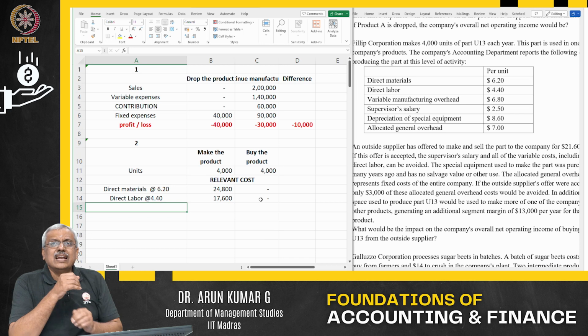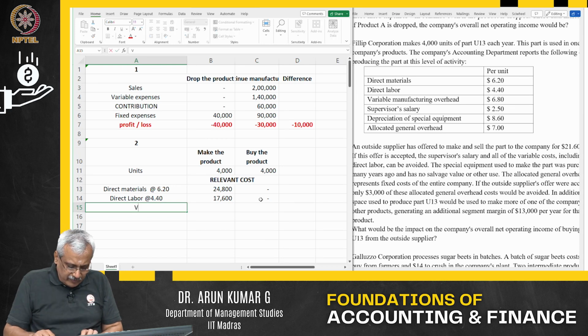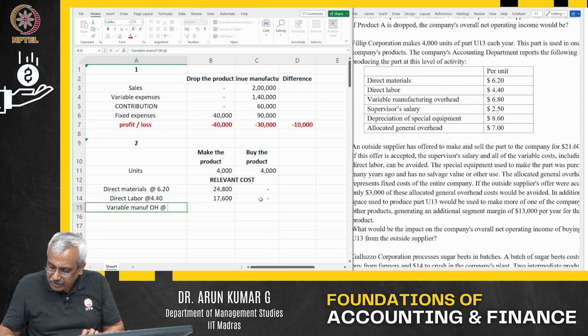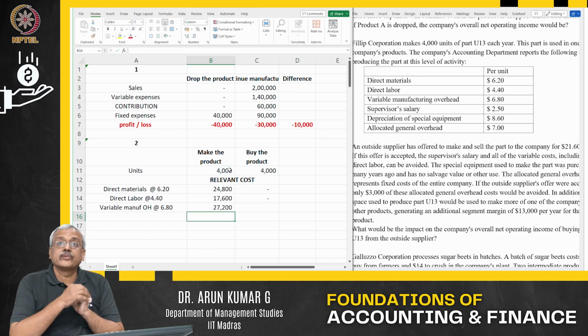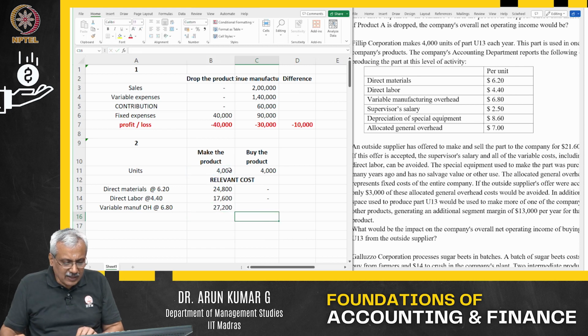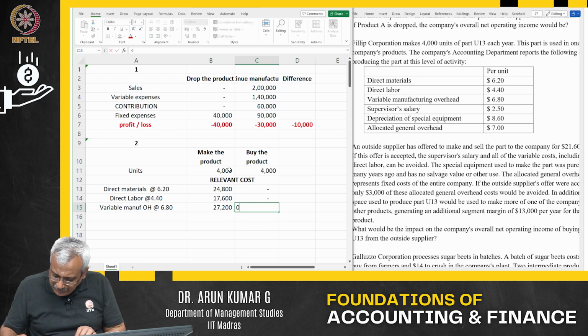Now, what is it? Variable manufacturing overhead at, what is the price? 6.80, into 4000, and that is what it is. Again, if you buy, you are not incurring that.